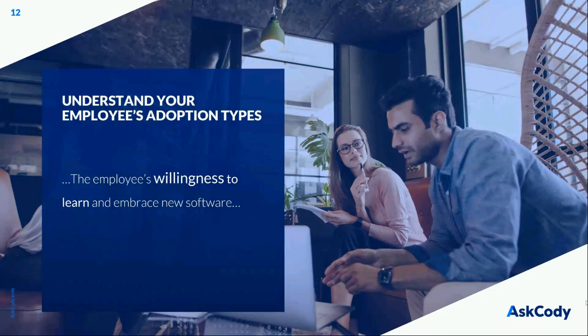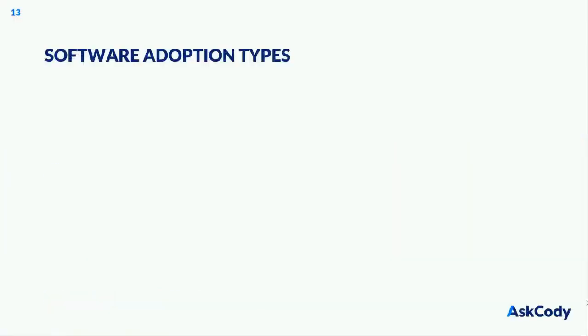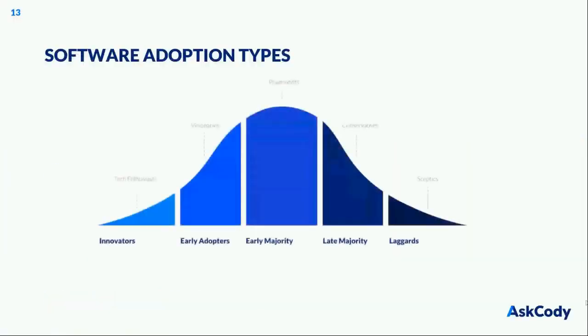And one way to understand this a little bit better is by looking at the different adoption types. This model was originally specified by Beal and Bohlen in 1957 and later became very popular. Geoffrey Moore, in his book Crossing the Chasm, further developed it into what we refer to today. This is just to explain the path of software adoption based on different adoption types.